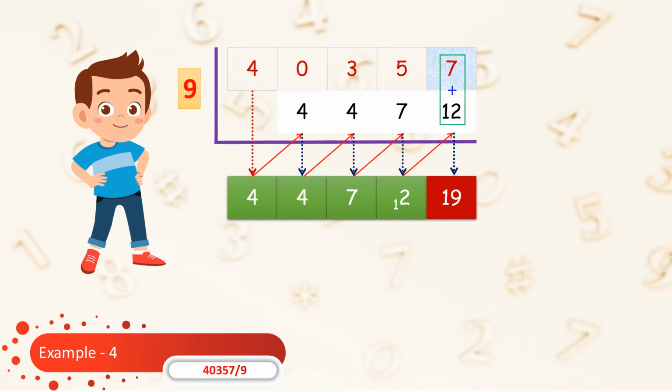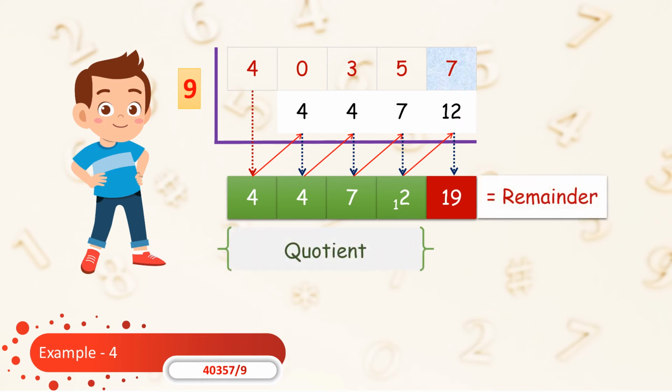Now if you look at the quotient and the remainder part, the remainder is greater than the divisor, so we need to repeat the process again. And you also have a carry in 12, which you need to add to the 7 to make the quotient as 4482.